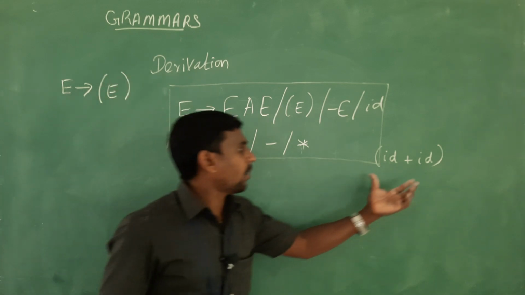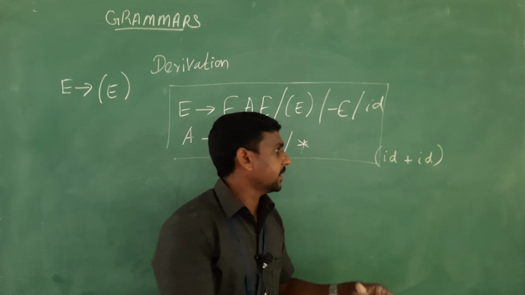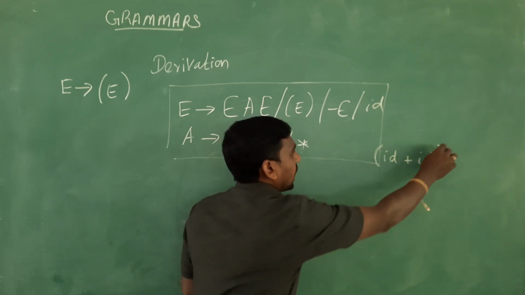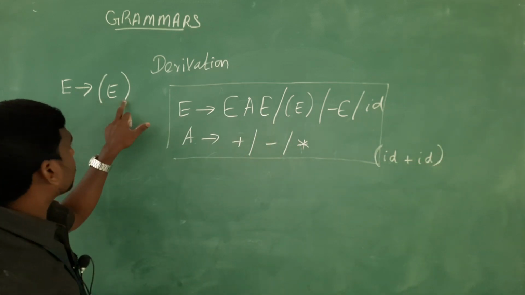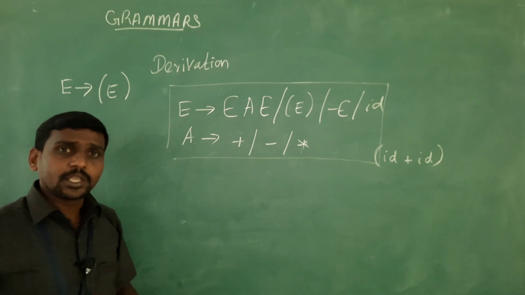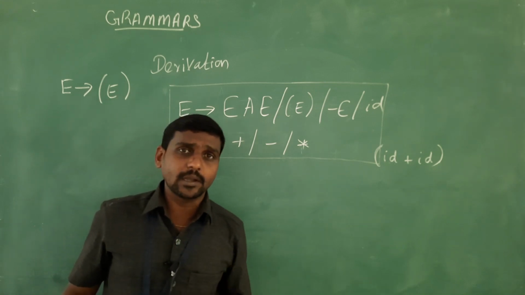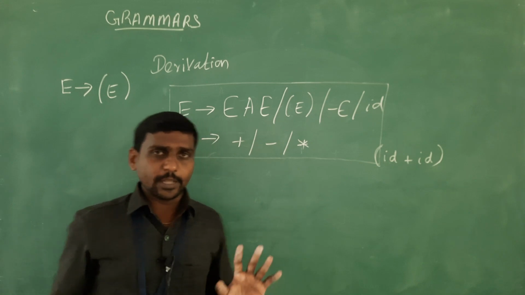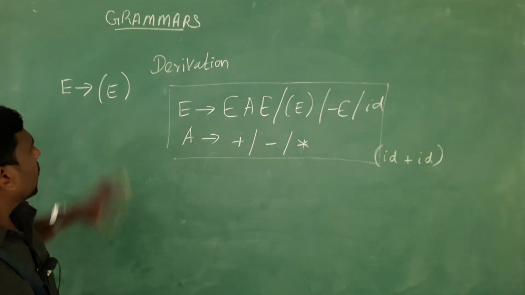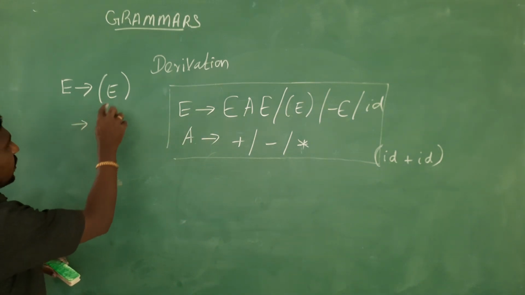Because it may be in the form of (ID + ID). See, I got open brace and close brace. And another thing, you can expand only the variable. Okay. So next what I can do is, E is a variable.